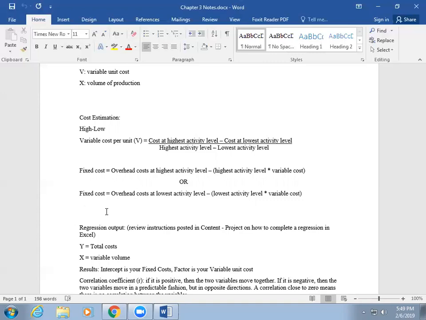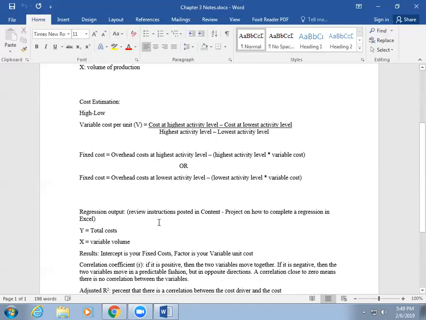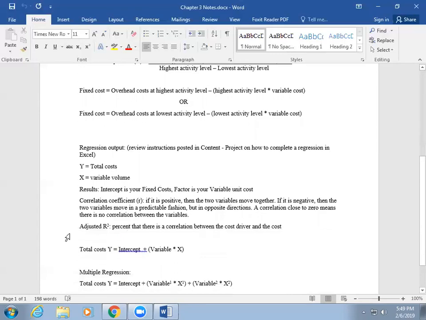So we're going to tell it total costs, and we're going to tell it the variable cost, and it's going to return to us what our fixed cost and our variable cost per unit are. So it's pretty cool. We'll run a regression later.